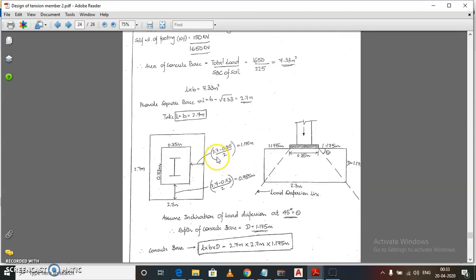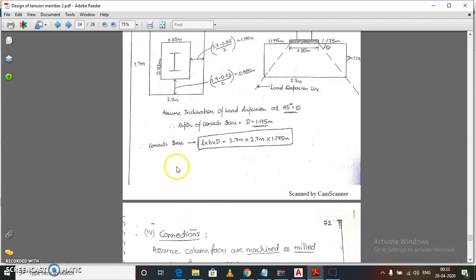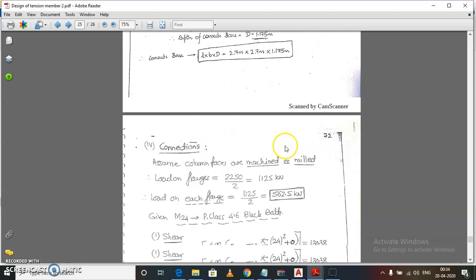Using this maximum value of 1.175 meter, you calculate the depth of the foundation. That works out to be 1.175 meter. So finally the dimension of the concrete base is 2.75, 2.75, 1.175 meter.